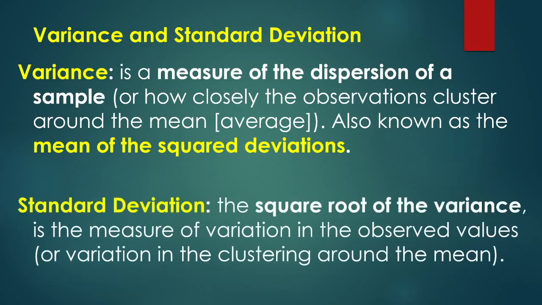While standard deviation is the square root of the variance. So whatever is the result in your variance, take the square root of that. That is the standard deviation, and is the measure of variation in the observed values.